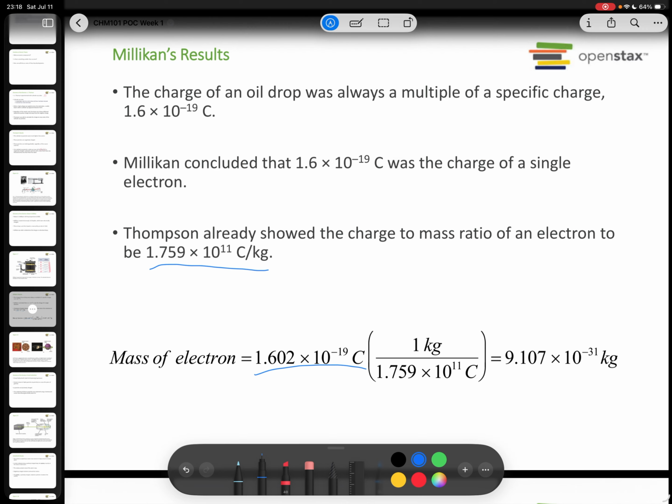So, if we combine, no, yung charge na nakuha ni Millikan tapos yung charge to mass ratio na nakuha ni Thomson, makukuha natin yung mass ng electron, which is ito, 9.107 times 10 to the negative 31 kilogram. So, yan. Galing, no? Paano na na-discover, no?